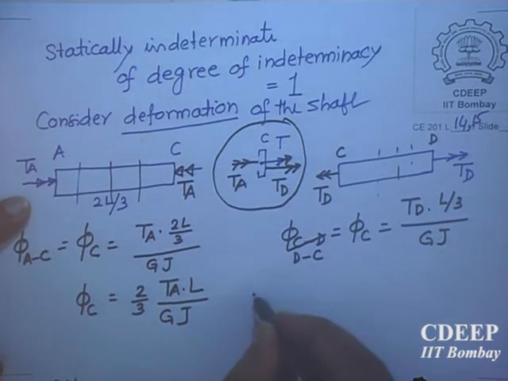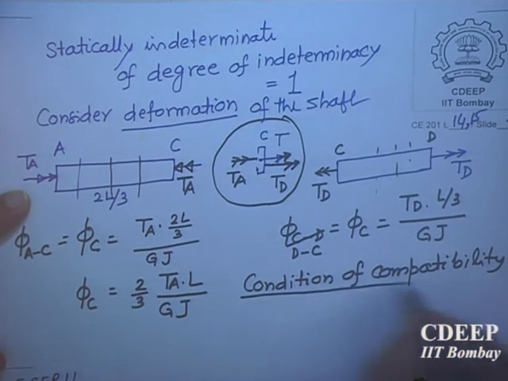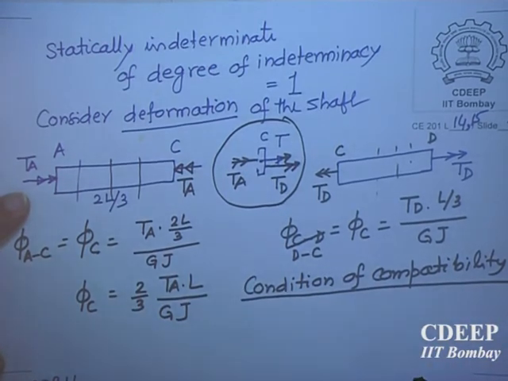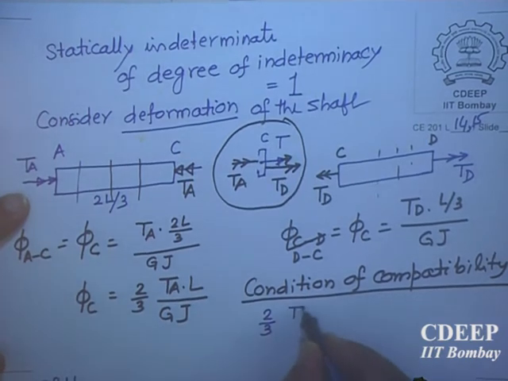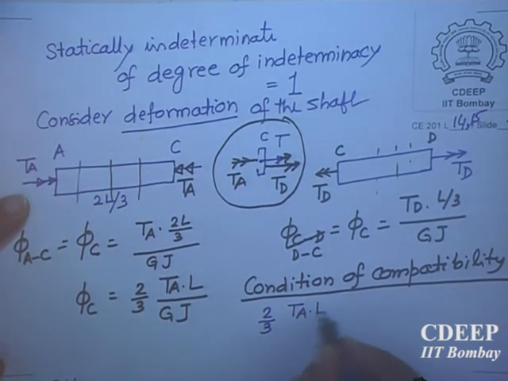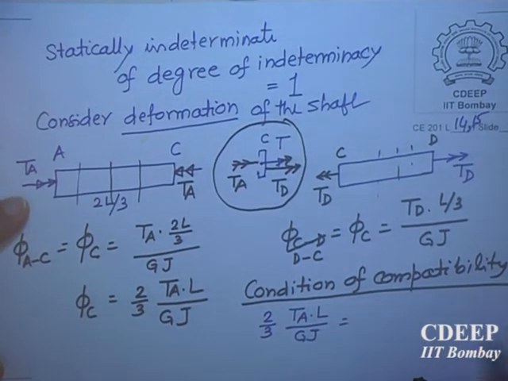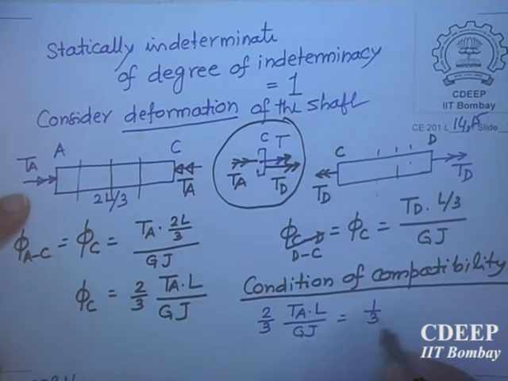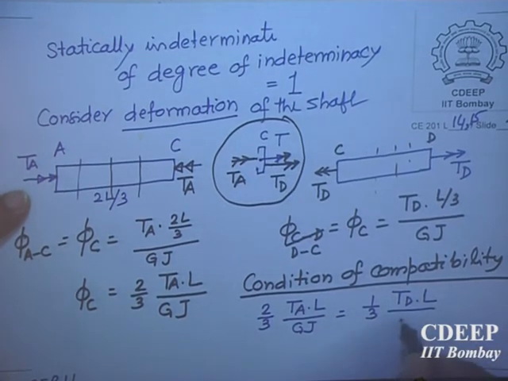Therefore, the condition of compatibility: 2/3 TA L by GJ must be equal to 1/3 TD L by GJ.